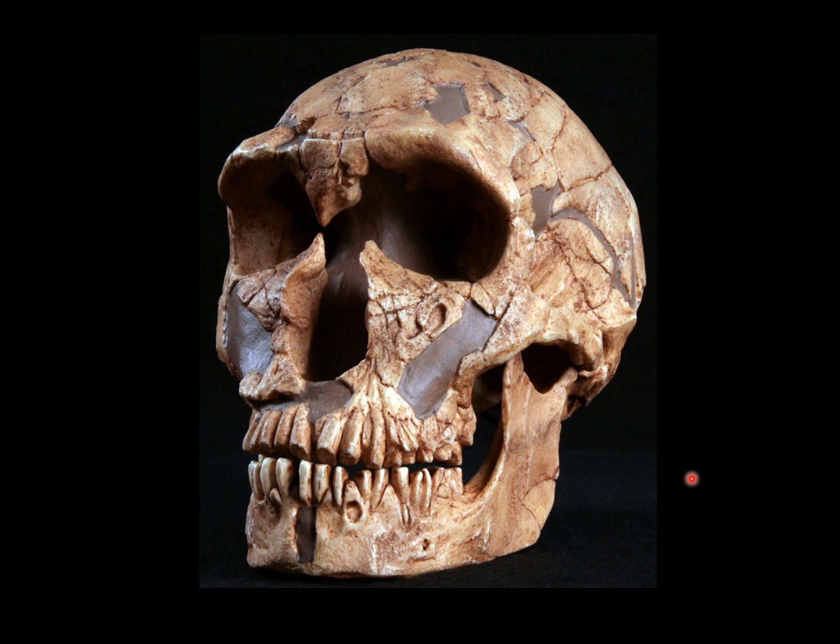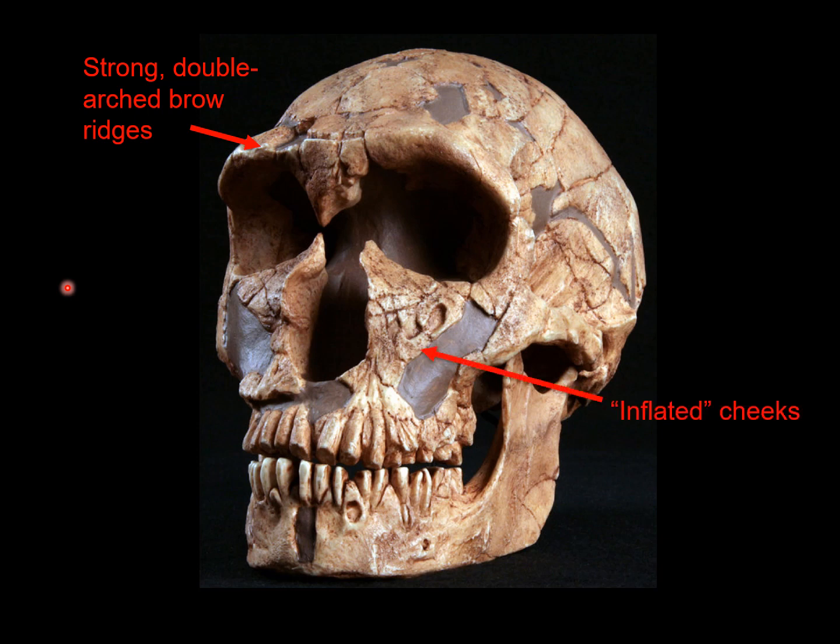Okay, here's another view. Neanderthals have strong double-arched brow ridges, so similar to archaic Homo, though not nearly as robust as in archaic Homo. And I mentioned this in the previous lecture, Neanderthals have these inflated cheeks. So I like to think of them as bee stung, whereas modern humans have a depression here, which again, you can feel on your own face.